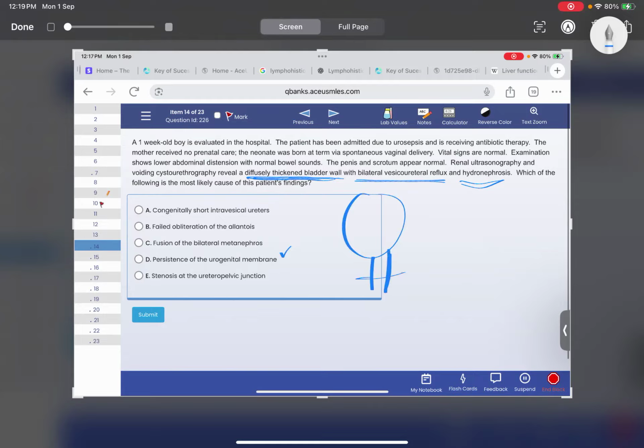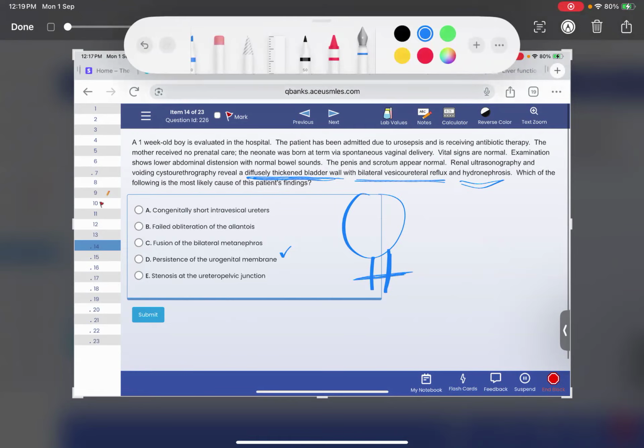If we have a problem over here, it will be causing bilateral hydronephrosis. We have explained this, right? And it is increasing pressure over here, okay? And bilateral reflux, so the urine will go up.